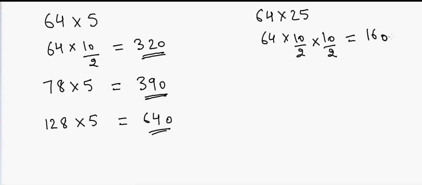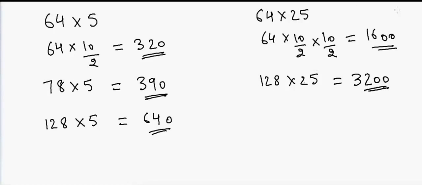The answer is 1600. Again, if I have 128 and want to multiply by 25, in that case it will be equal to half of 128, 64, and half of 64 is 32. It's 3200.